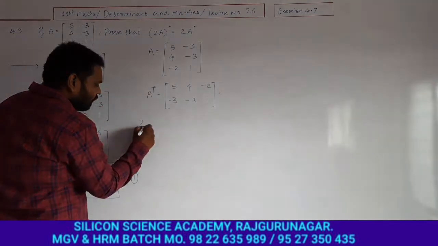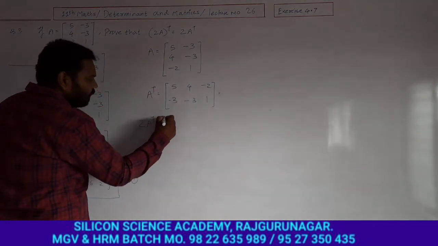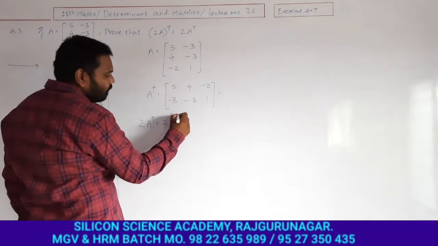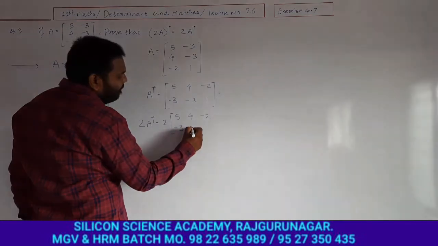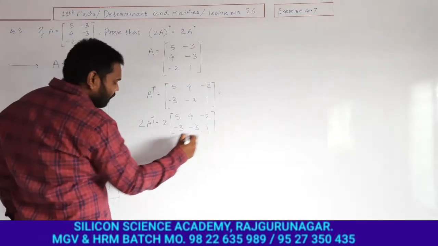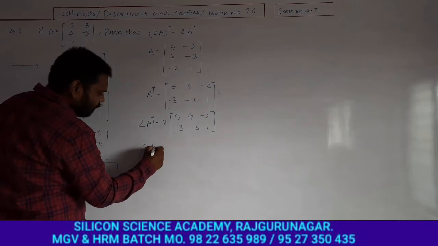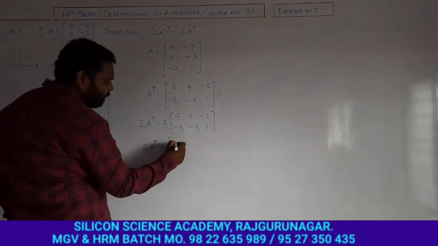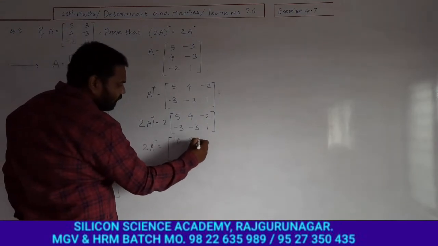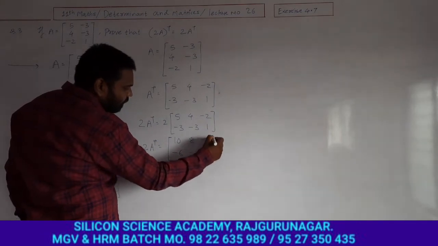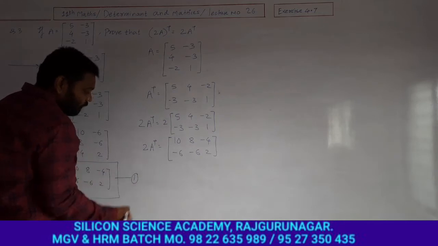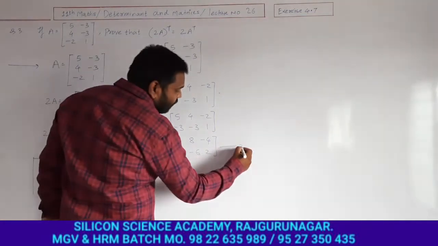Now 2 into A transpose. 2 into 5 4 minus 2 minus 3 minus 3 1. 5 दुने 10, 4 दुने 8, 2 दुने 4, 3 दुने 7, 2 1 2. Okay, and this is 2 into A transpose. This is equation number 2.